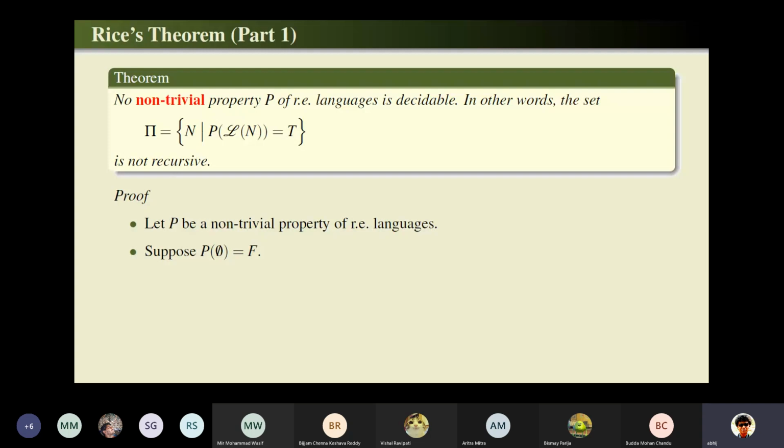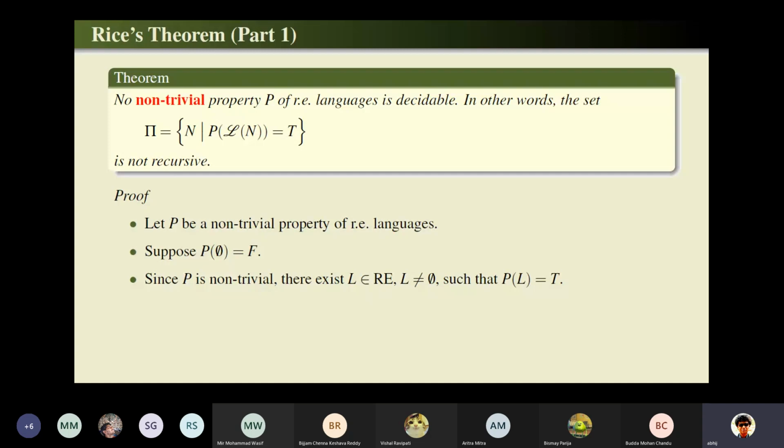Okay. So by this assumption of non-triviality, there must exist some RE language L. Of course, it has to be non-empty, such that the property of L is true. Because the property of phi is false, L cannot be empty. That's a uniquely defined property, such that P of L is true.